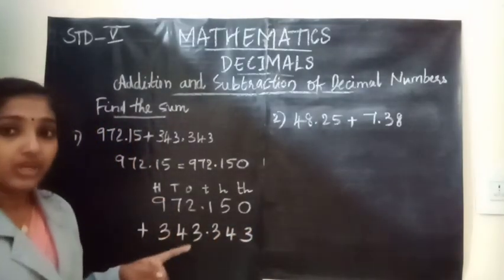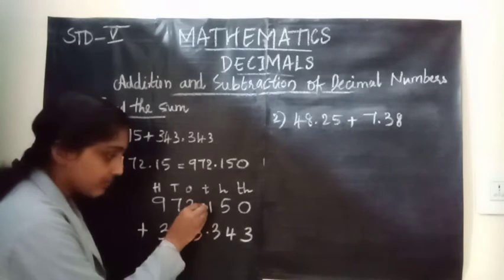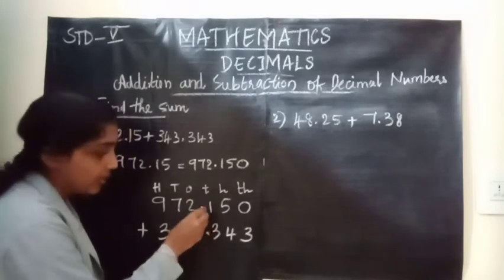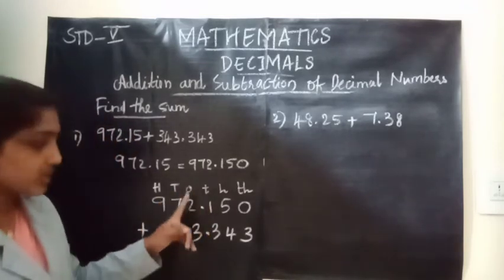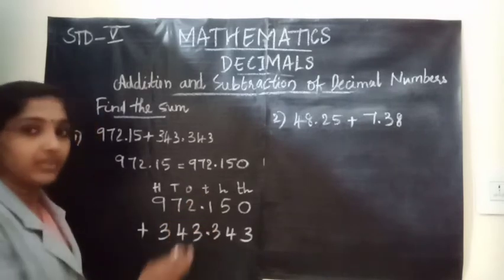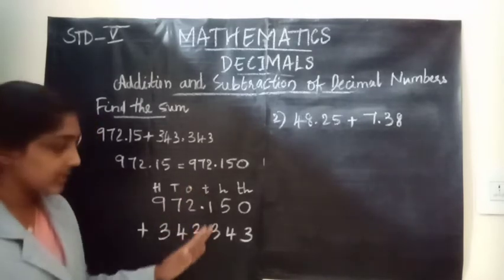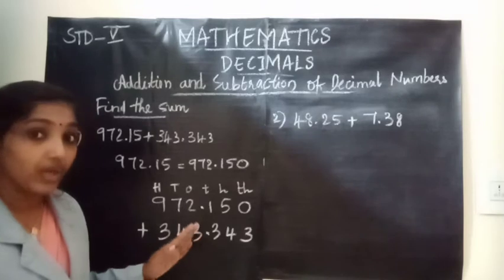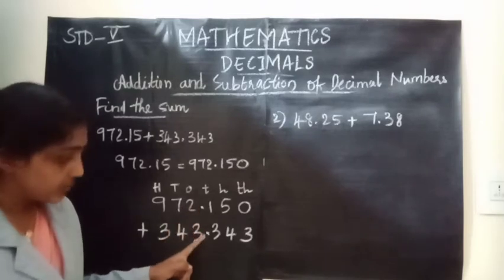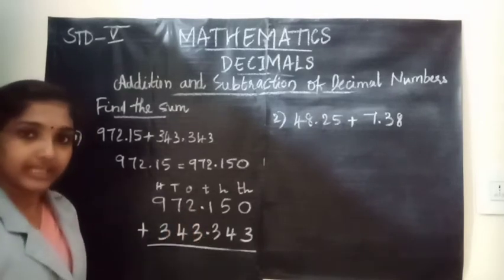So, while making the addition or subtraction, the decimal points of the given decimal numbers should come in the same vertical line. So the decimal point should be in the same vertical line.